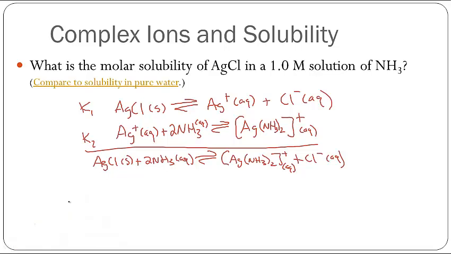All right, so my K1 is my KSP. So what's the KSP for silver chloride? 10 to the negative 10th.